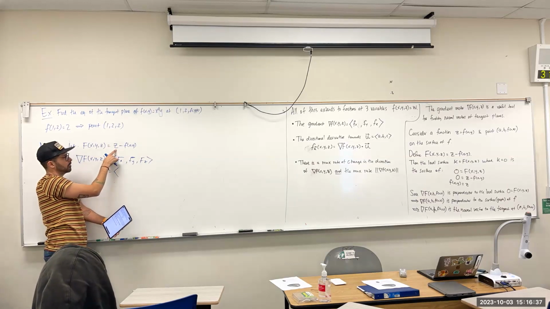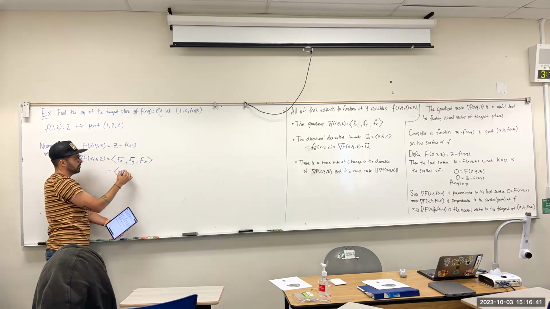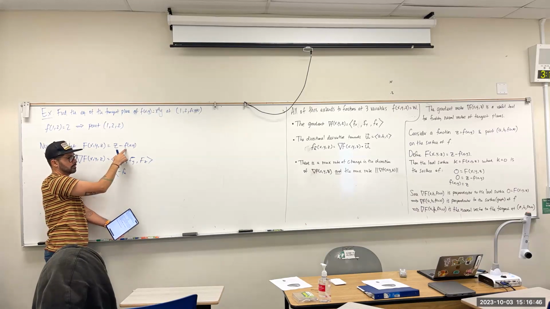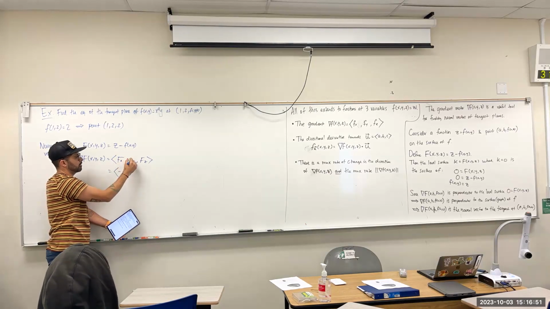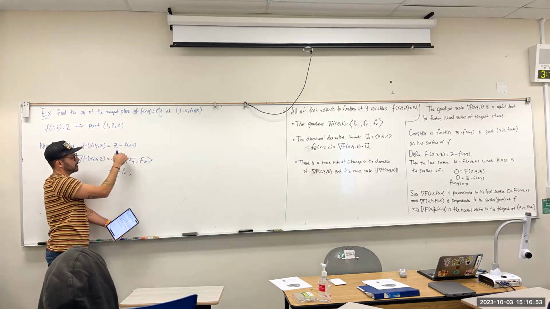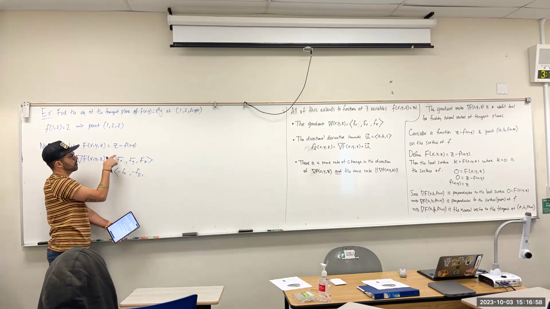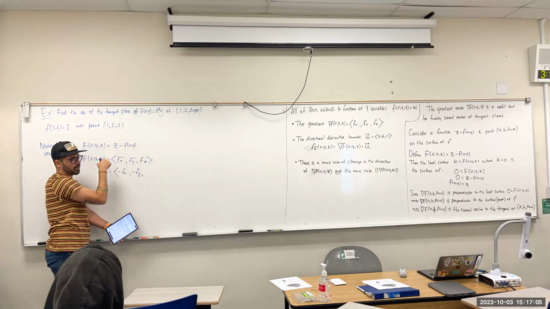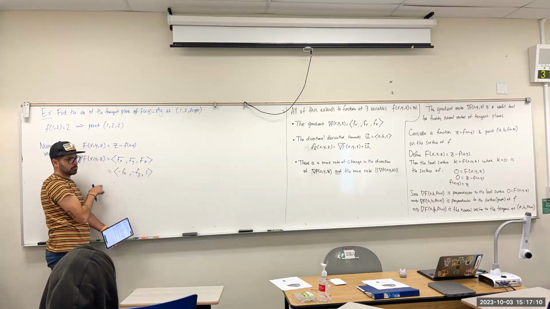It's just the partial of x, right? Let's do it with respect to y of capital F. 0 minus partial y. And then with respect to z, 1. Are there any z's here? No, it's just a constant, so it's just going to be 1.